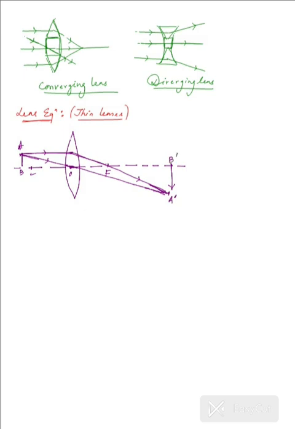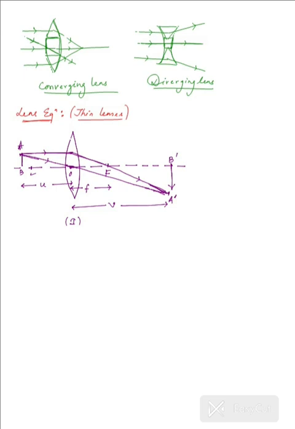So we have the object which is having an object distance u from the optical center, and the image with an image distance v, and the focus lying at a focal length small f. So this is the case of image obtained in case of a convex lens when the object is considered to be placed beyond the focal length. So I'll take it as case 1.